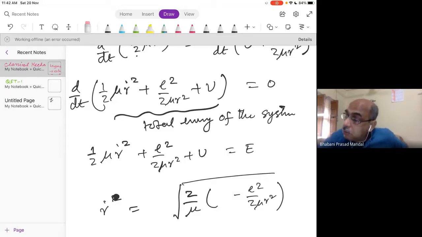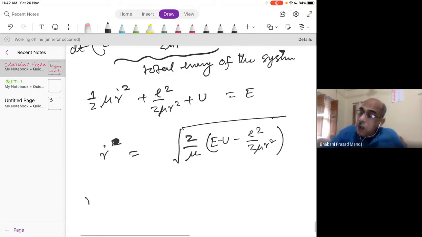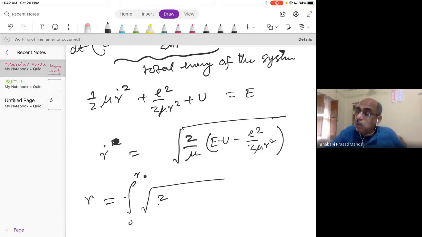So this will be E minus U minus L square over 2 mu r square. And this, r dot you can write, then r will go from some r0, this integration 2 by mu E minus U minus L square over 2 mu r square, dr dt.